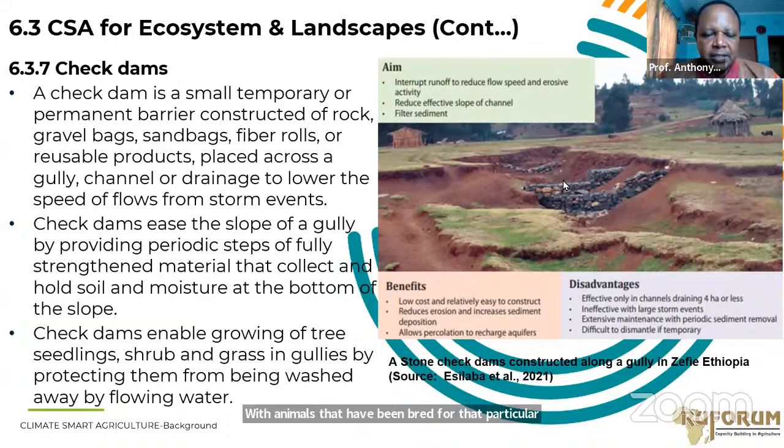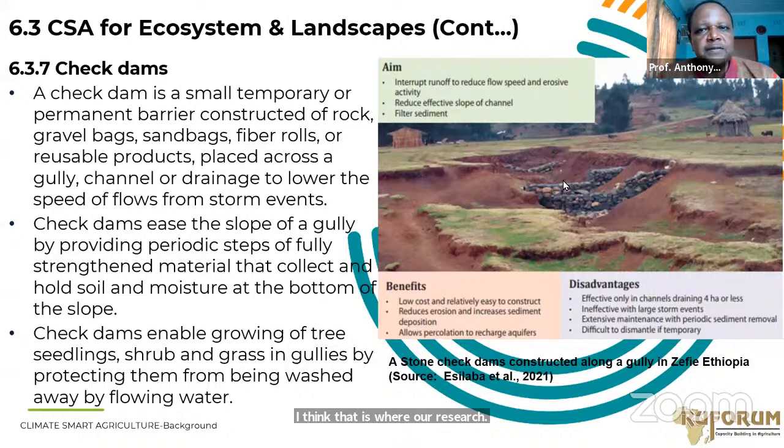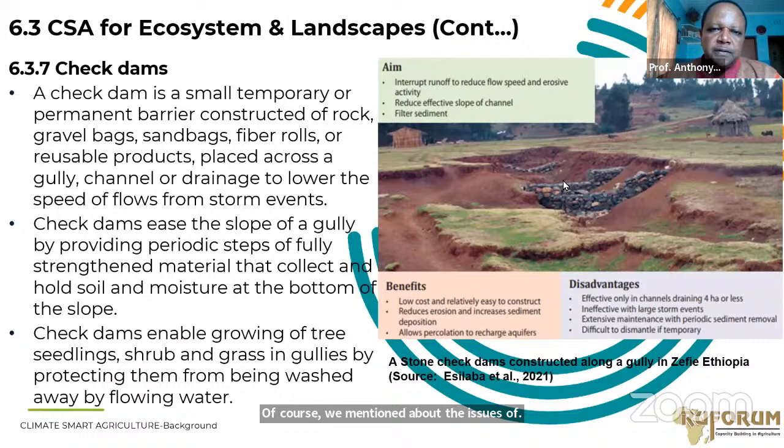They have efficient ruminizing abilities, and of course the types of feed that you feed them should not be feeds that produce methane. I think that is where our research should be: what are these feeds that produce methane when they are being fermented? Of course, we mentioned the issues of lignification and age of the pasture.